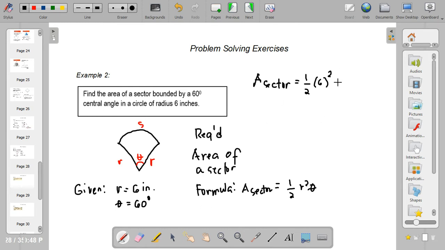So 60 degrees times pi over 180 degrees. Okay, so you have to convert the degrees into radians. So this is how you convert the degrees.